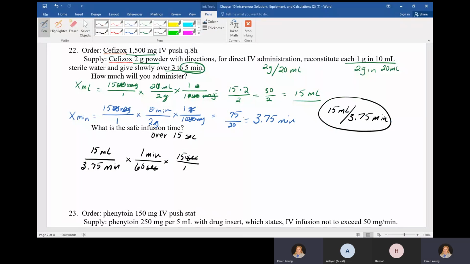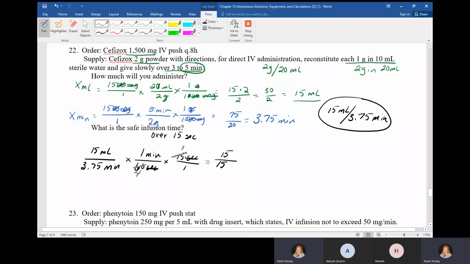And I'm going to do this again. 15 goes into 15 one time. 15 goes into 60 4 times. So I end up with 15 on top, 3.75 times 4, which gives me 15 on bottom.